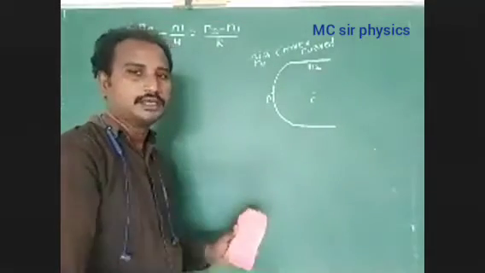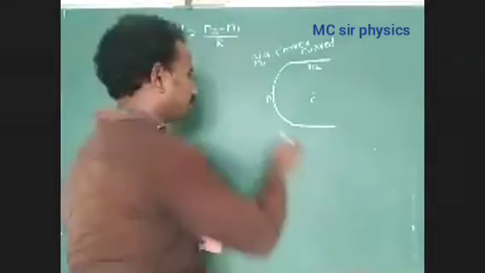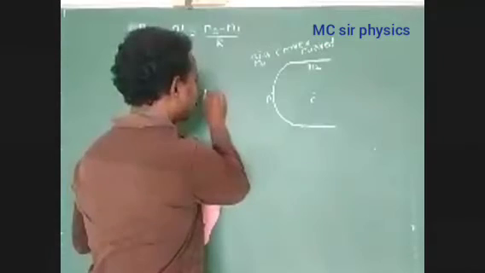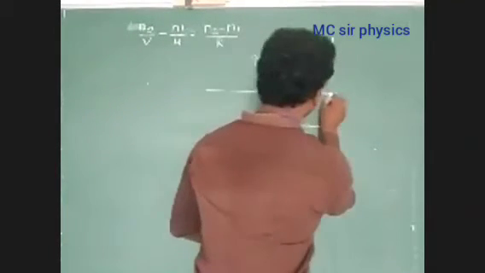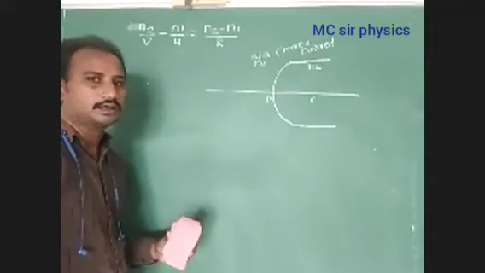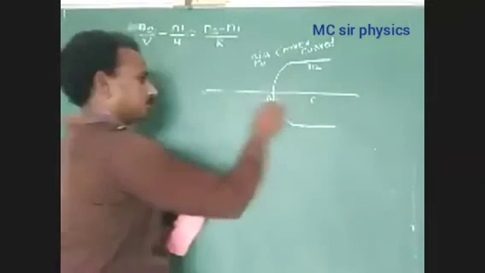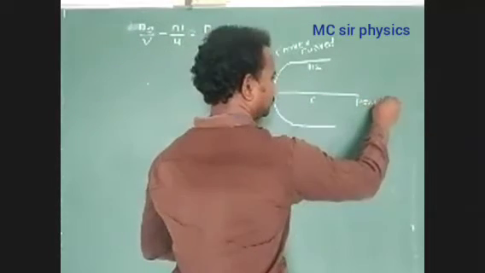Now we draw one imaginary reference line passing through the pole and center of curvature. This imaginary line is called the principal axis.